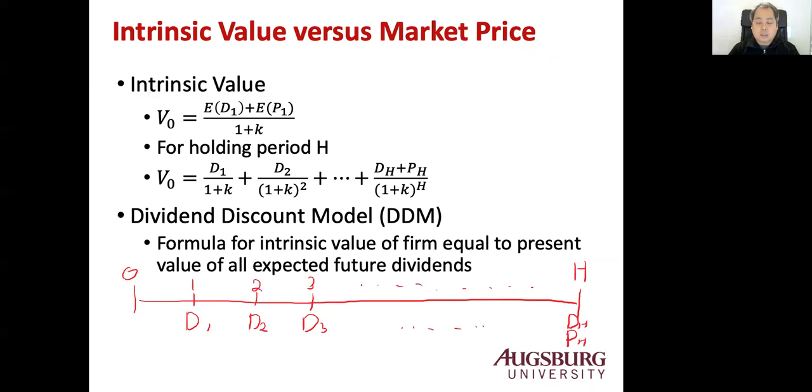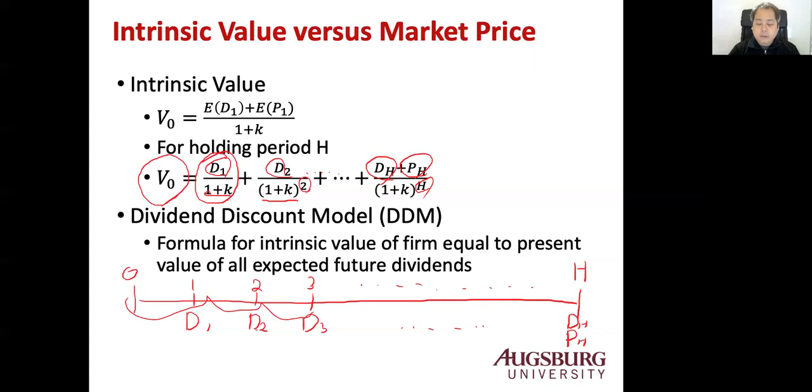The present values will be: first, D1 divided by 1 plus K, this discount; D2 divided by 1 plus K squared, because of 2 periods; D3 should be 3 periods, and so on up to H. That will be the intrinsic value, the value of the stock.